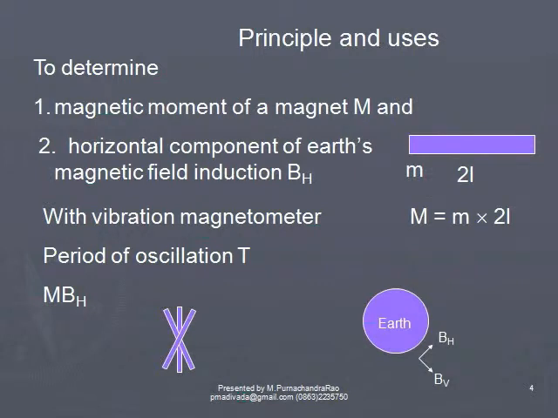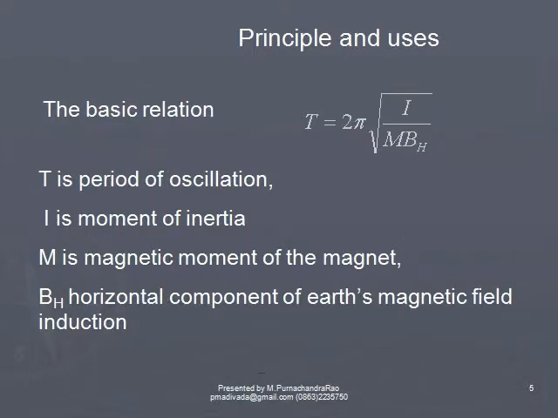The basic relation used in vibration magnetometer is T is equal to 2 pi into square root of I by MBH.